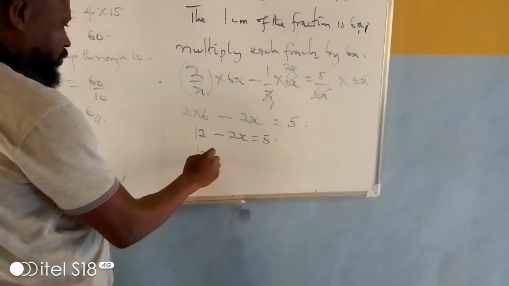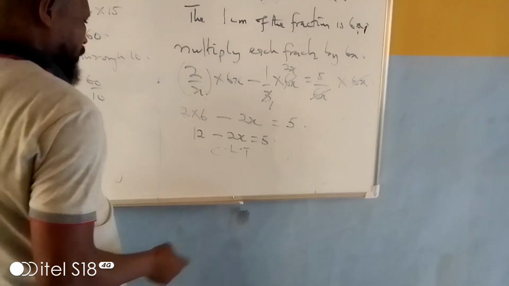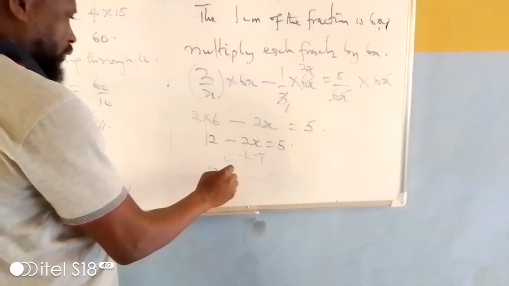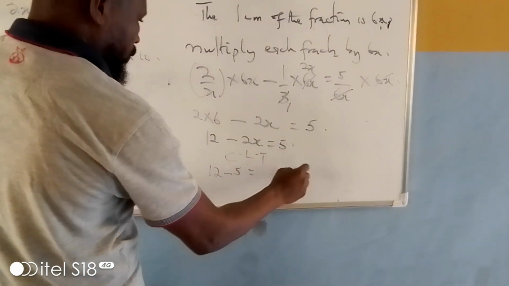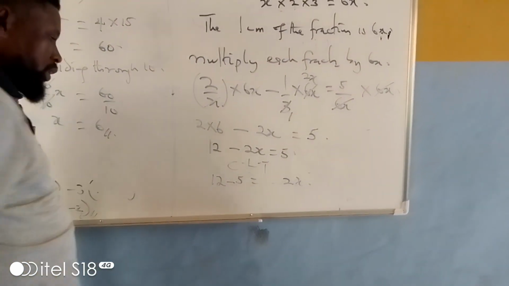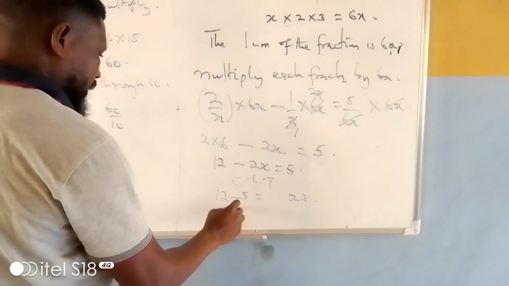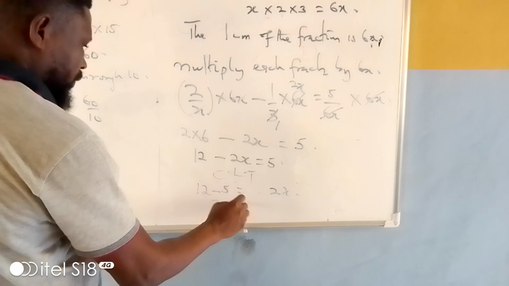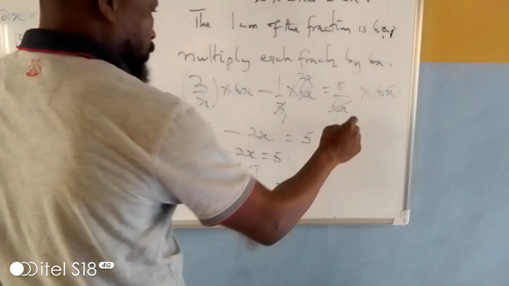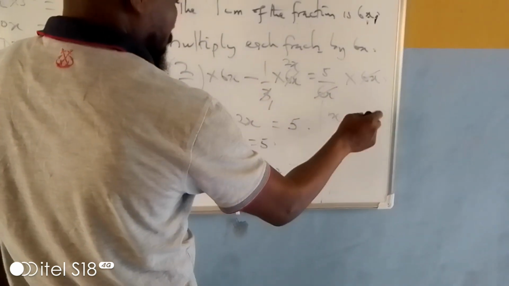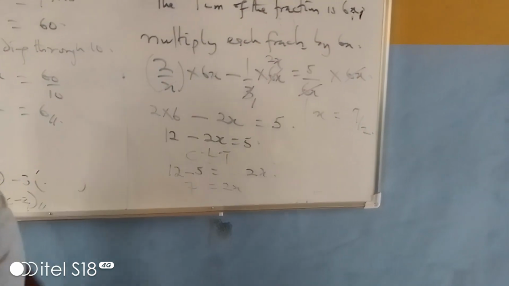So we'll collect the like terms. We have 12 minus 5 equals 2x, which gives x equals 7 over 2.